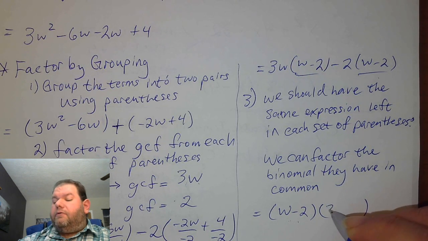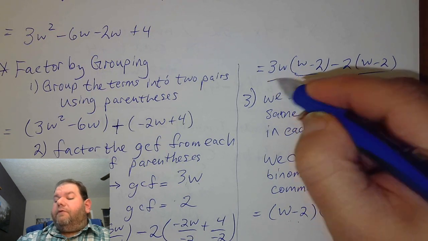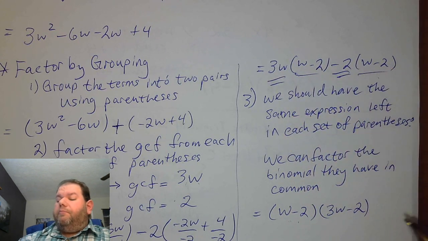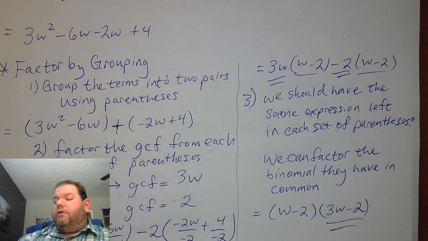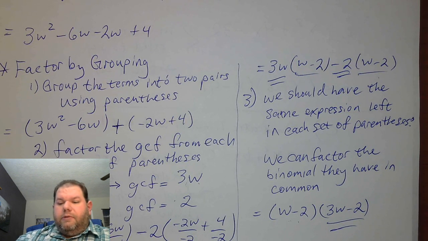3w minus 2. So what's left over here becomes the other binomial. Now, this problem is not as difficult as it currently seems because we went through the discussion of how to solve the second part as we solved it.